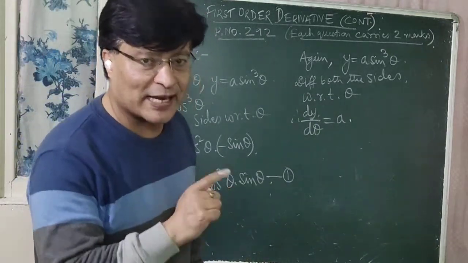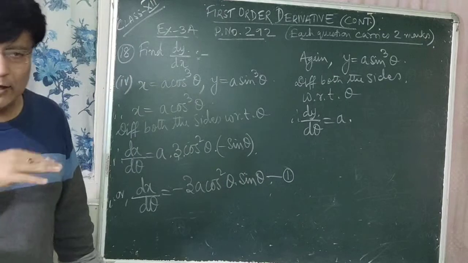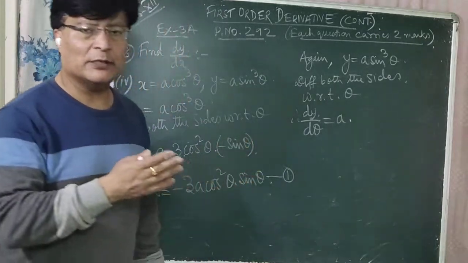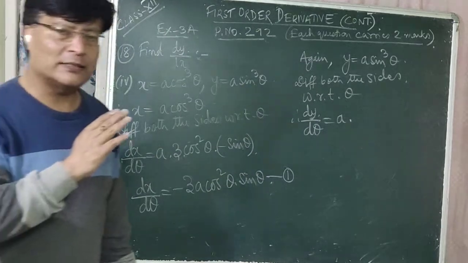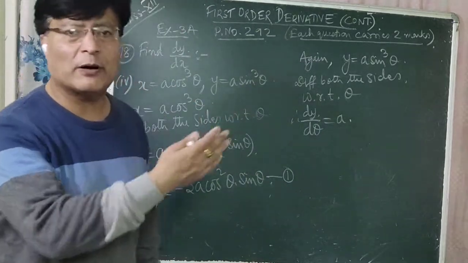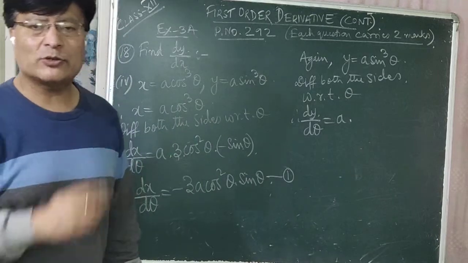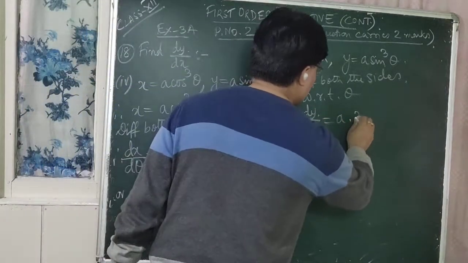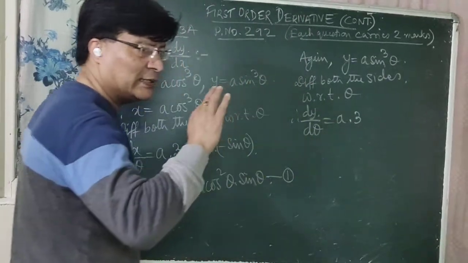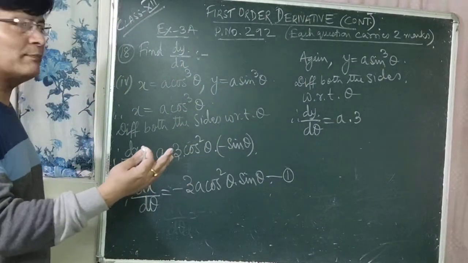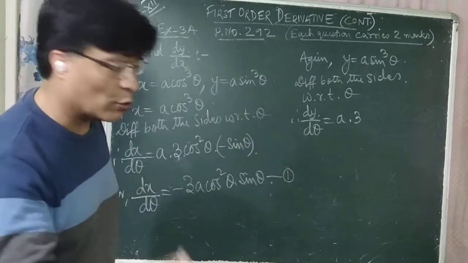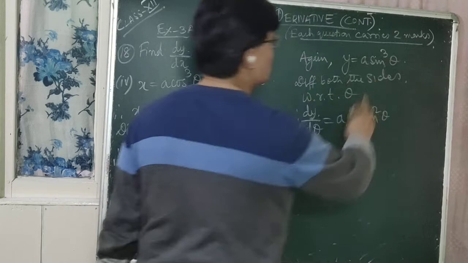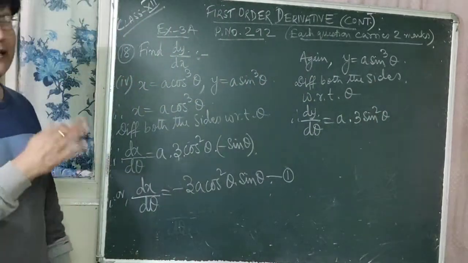again sin cube is there, sin theta whole cube. So power is a constant here, so sin theta is the variable, so it is in the form x to the power n. What is the differentiation of x to the power n? N into x to the power n minus 1. But here it is 3 comes in the front, then decrease the power of sin theta by 1, you will get sin theta whole square. If you simplify it, you will get sin square theta. So in this case, sin theta is taken as x.